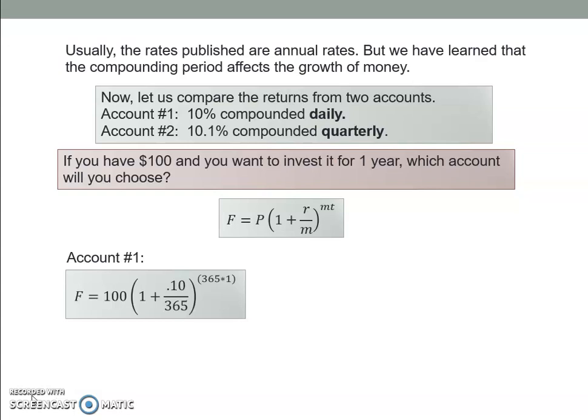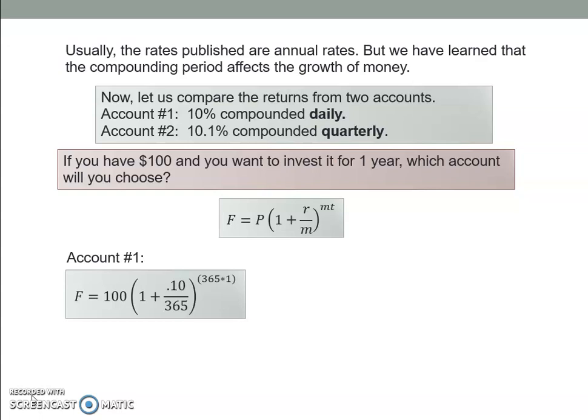Since it's compounded daily, I will divide that by 365, and then the exponent mt is 365 times 1, so you invest it for 1 year. Actually you can take out the 1 because any number multiplied by 1 is itself, but I just put it there so you won't get confused.